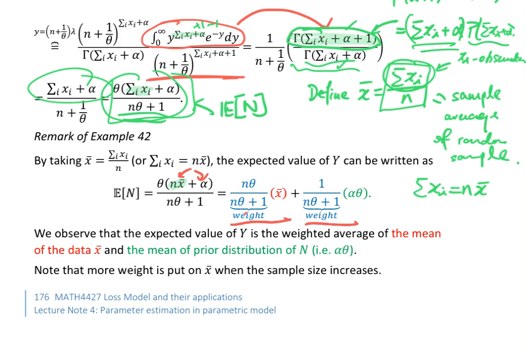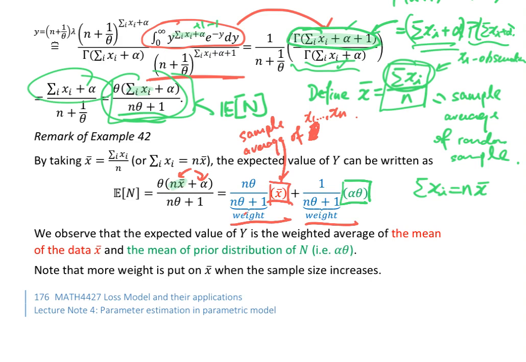First of all, the first term involves the s bar, which is the sample average of your random sample. And then the second term is equal to alpha times theta.